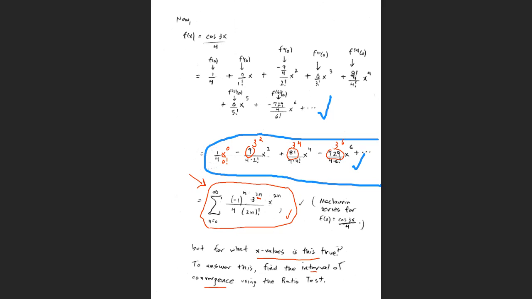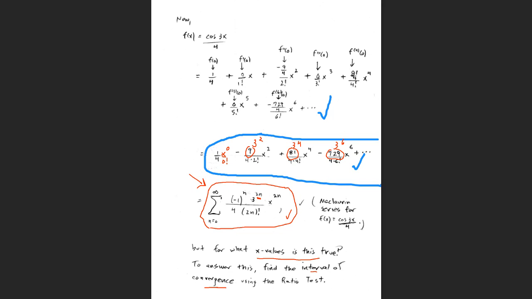Yonatan, yes, question. How did you go from the first section to the second section where you have something on the top, 1 factorial, 2 factorial, 3 factorial, 4, 5, 6, into 4 times 2 factorial, 4 times 4 factorial, 4 times 6 factorial? Oh, okay, sure. Let's take a look at this.